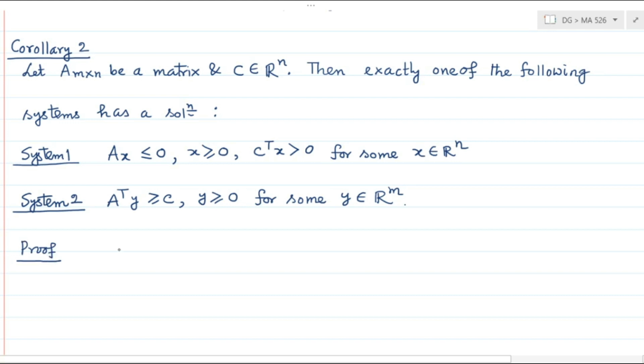Again, you try to write the system 2 as equivalent to the system 2 in the Farkas lemma. System 2, we know that is equivalent to, you can write it as, with the help of a surplus variable, A transpose y minus identity matrix into S. Here this S is not a scalar S, this S is a vector S and is equal to C. Here S has S1 for the first component, S2 second, until Sn.